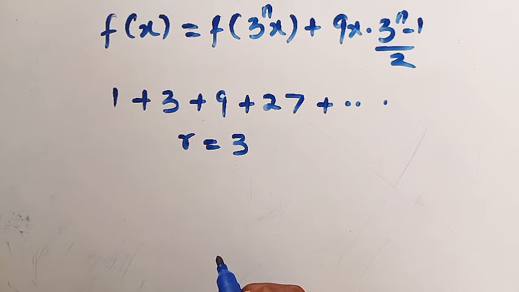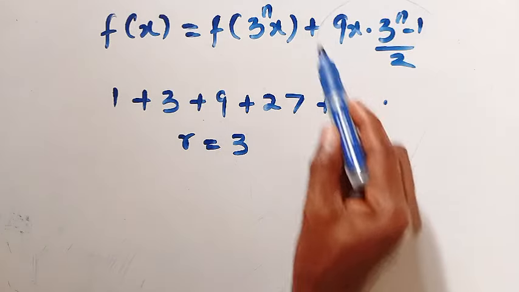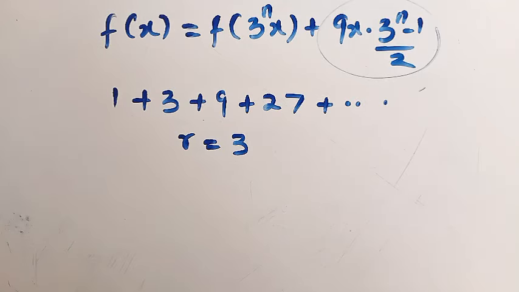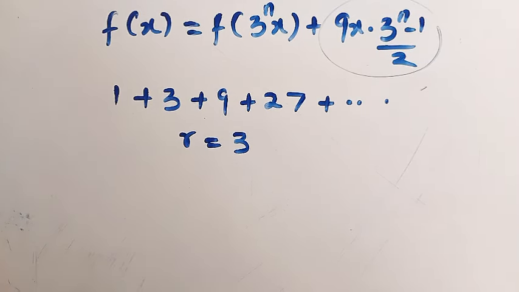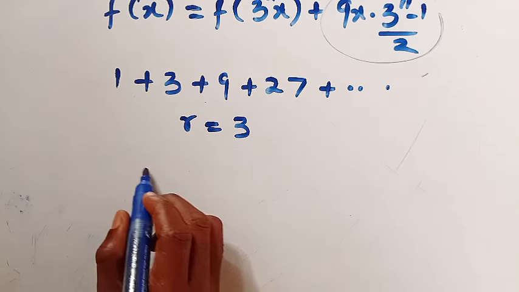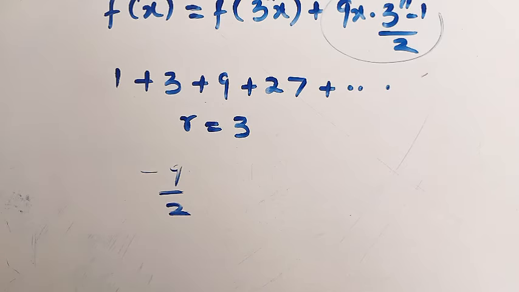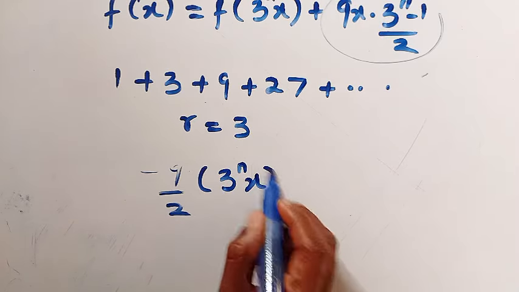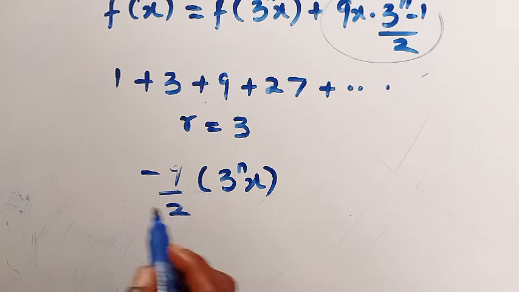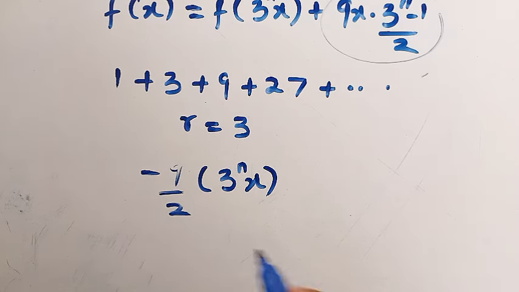f of 3 raised to power n x vanishes, when we have a particular point here that will negate this. And that particular point that can negate this is only when we have minus 9 divided by 2 times 3 power n x. This is the only point in that series that will make f of 3 power n x vanish.